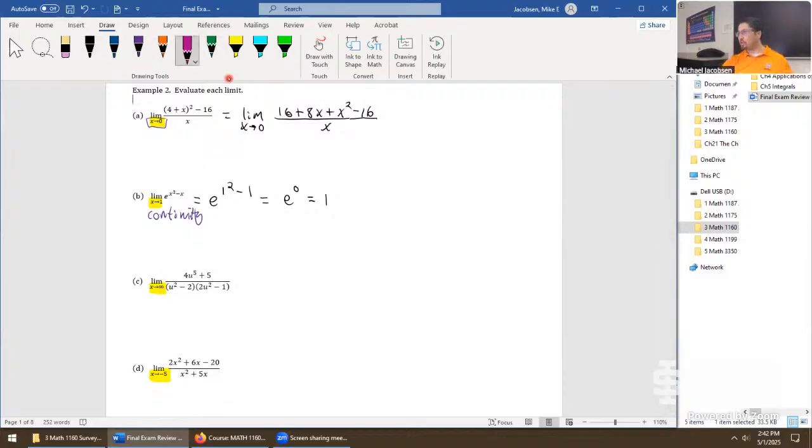We have a cancellation going here and here. And that leaves just terms involving only x. So we can factor that out as a next step. It's now limit x going to 0, x leaving 8 plus x behind after factored out, divided by x.